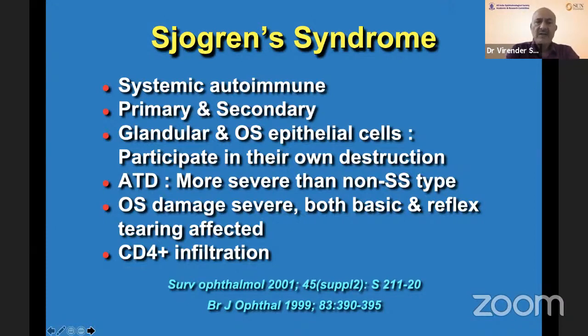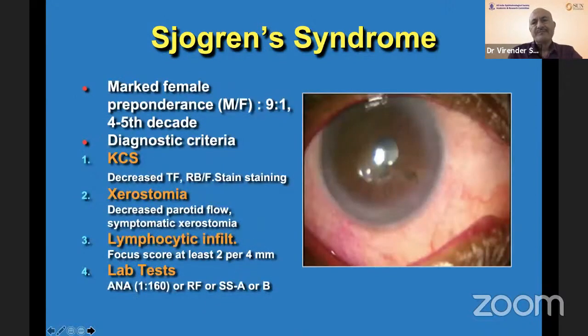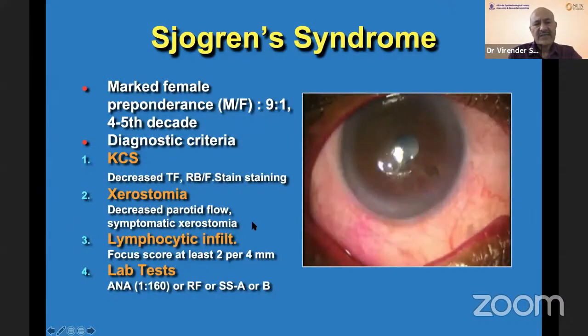It's a severe aqueous tear deficiency, in which both the basic and reflex tearing get affected. Histologically, there is an infiltration of the glands with CD4 T cells. And there is a marked female preponderance, 9 to 1, in the 4th to 5th decade. Then there is the diagnostic criteria.